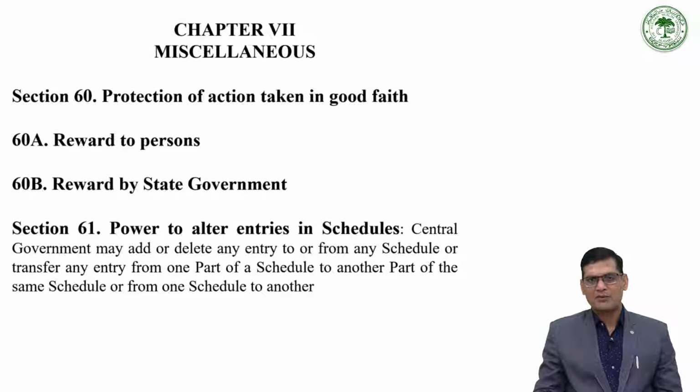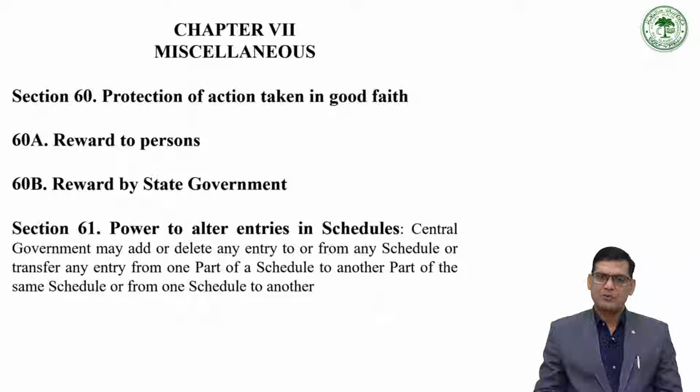It also provides for rewards to persons from the fine collected from offenders, to provide assistance in detection of the offense or the apprehension of the offenders. It also empowers the Chief Wildlife Warden to order payment of a reward not exceeding 10,000 rupees to a person who renders assistance in the detection of the offense or the apprehension of the offenders.